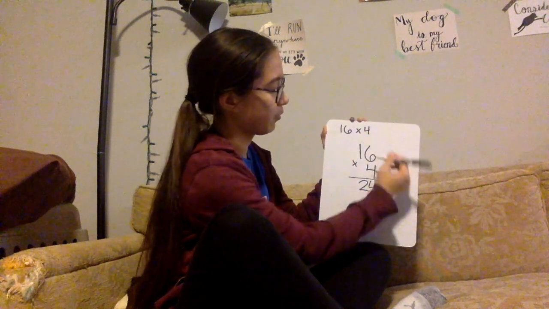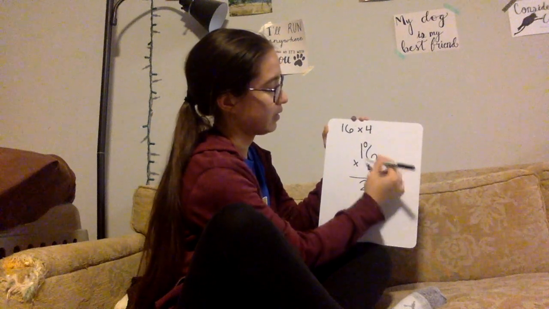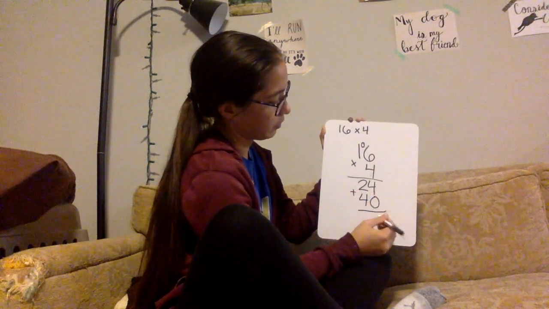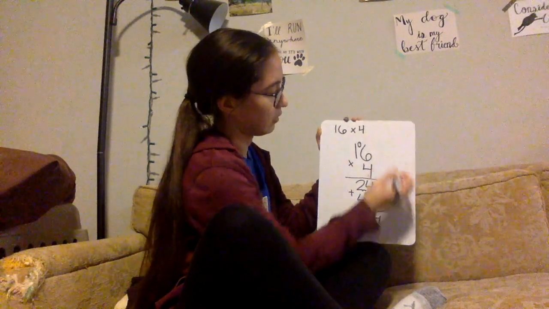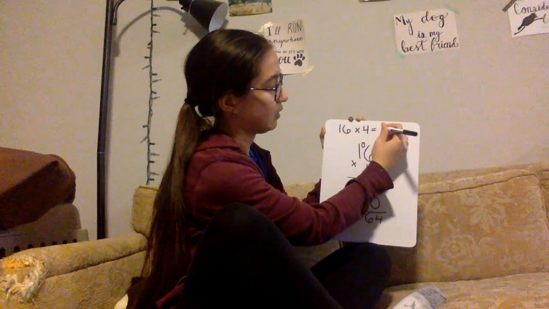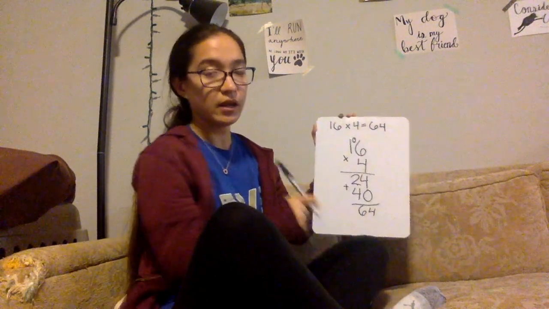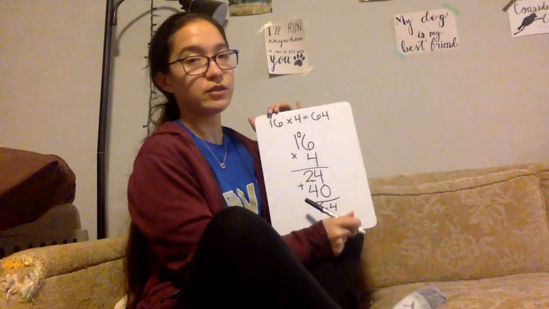And then I'm multiplying 4, not by 1, but by 10, because it's in my tens place. 10 times 4 is 40. Add those numbers together, and I get 4 plus 0 is 4. 2 plus 4 is 6, 64. So 16 times 4 is 64.